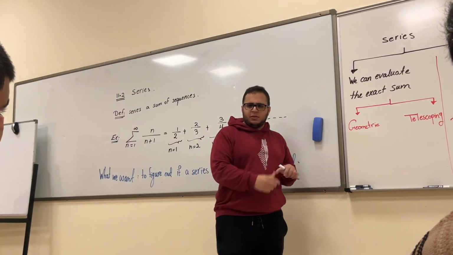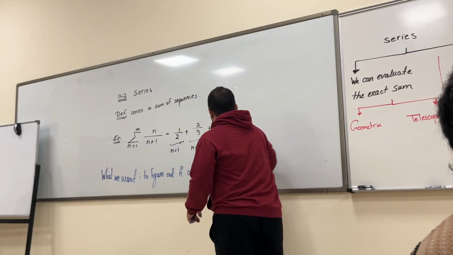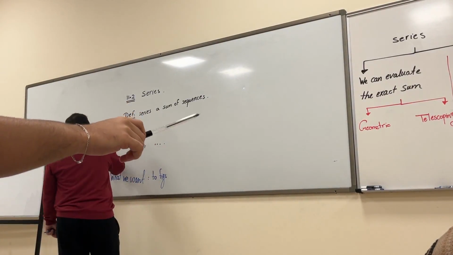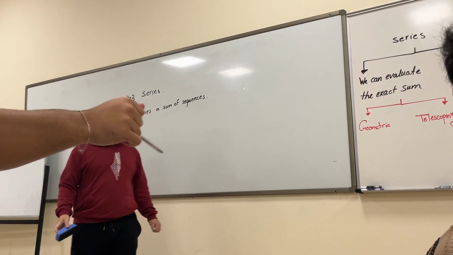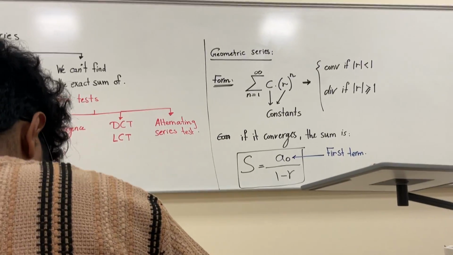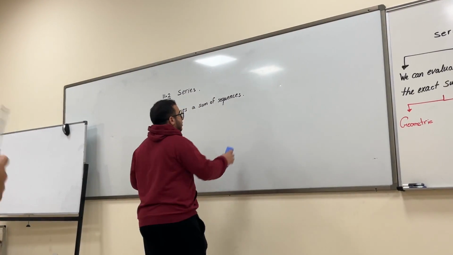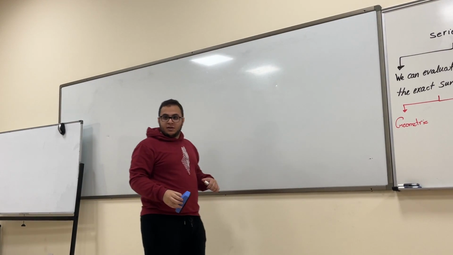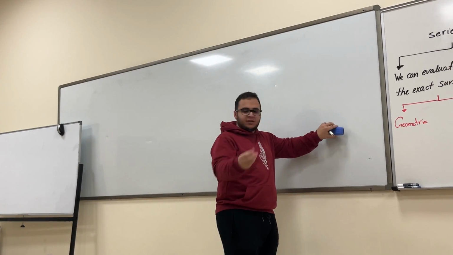Professor, the first term, A0, you replace it with the first term we have in the series. Yeah, exactly. In that example, it was, I think, half. In the first one, yeah, so you replace it with half. It depends on the question.